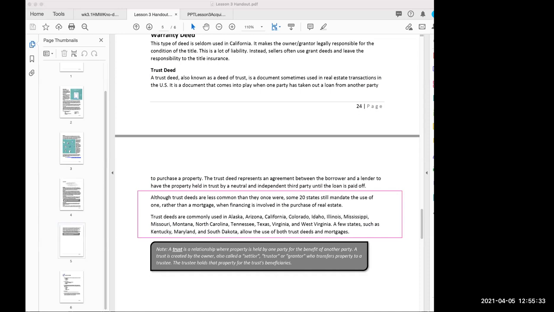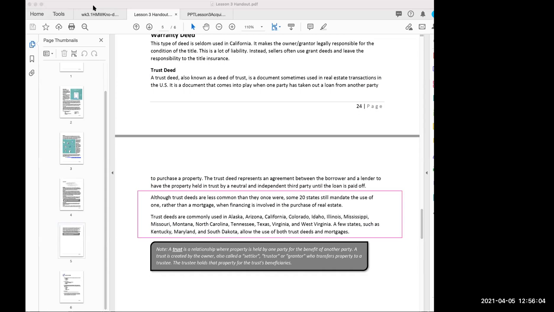Trust deeds are commonly used in Alaska, Arizona, California, Colorado, Idaho, Illinois, Mississippi, Missouri, Montana, North Carolina, Texas, Virginia, and West Virginia.